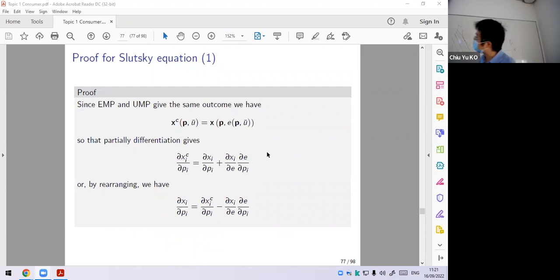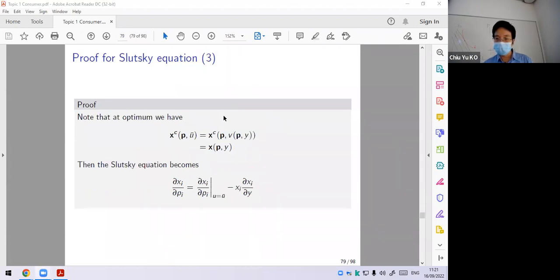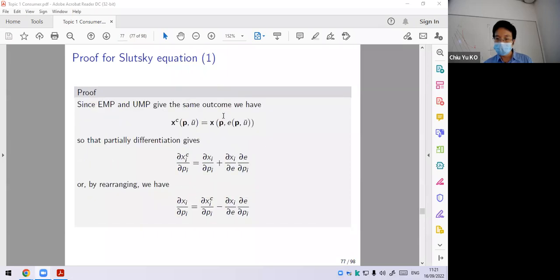But anyway, let's try to give you some idea why this proof will work, okay? The proof is not difficult, so let's go through it together. Okay, not working, so let me do it. The proof I do rely on the expenditure function.